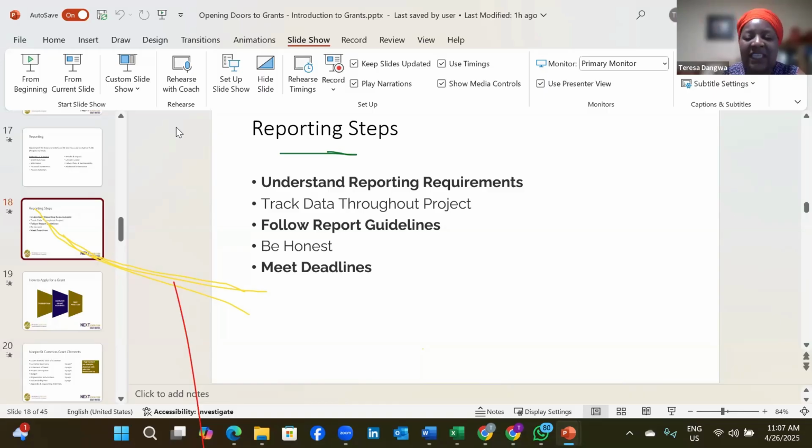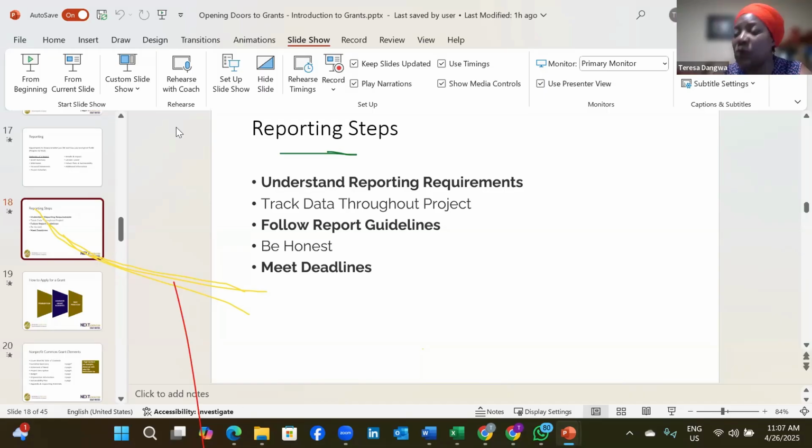Be honest and always meet deadlines. If they say we want our quarterly report by the last day of that quarter, 5 p.m., make sure you meet that deadline, because disregarding their deadlines is going to be a red flag for them. They may not necessarily say, give us back our money, but they may not give you money in the future.